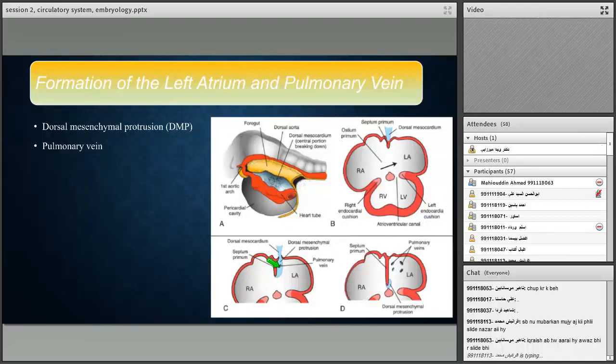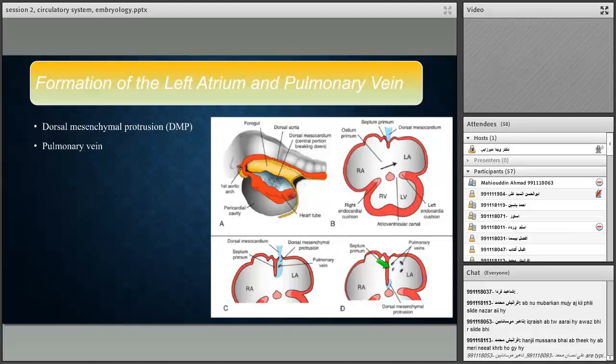Eventually, the remaining portion of DMP at the tip of septum primum contributes to the endocardial cushion formation in the atrioventricular canal.